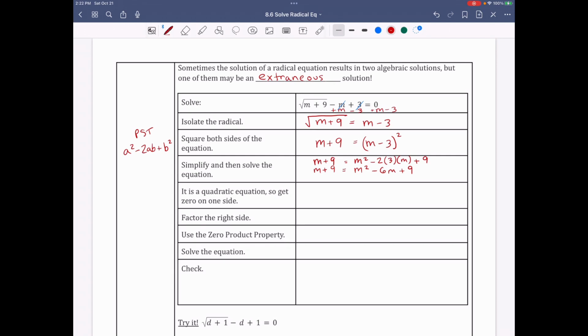So we didn't completely solve it because in this next step it says it's a quadratic equation, so get 0 on one side. Notice how there's a 9 on each side, so that 9 could just cancel. If I'm subtracting 9 and I'm subtracting m, then I get the 0 on one side.